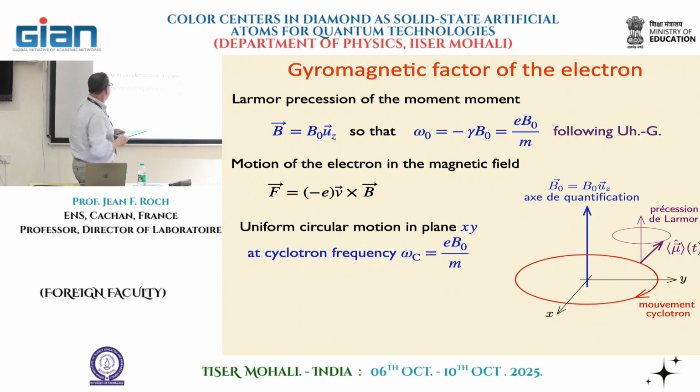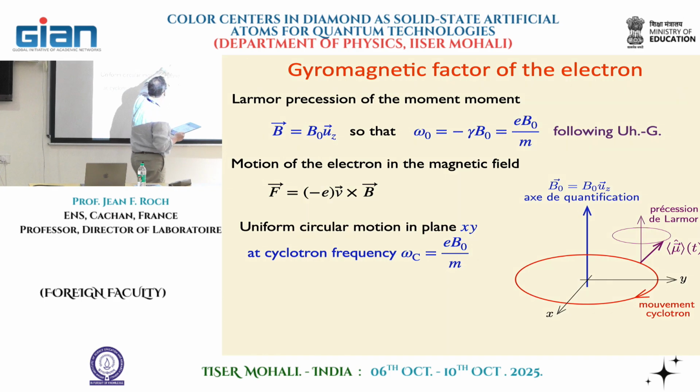But it can also influence the motion of the electron in the magnetic field. Okay? There is a Lorentz force acting on the electron, and for that, we have a uniform circular motion in the plane xy at a given frequency, which is the cyclotron frequency. And you see that the cyclotron frequency, which is just the classical motion of the electron in the field, is exactly the one I have from the Larmor precession. So the 2 are in agreement.